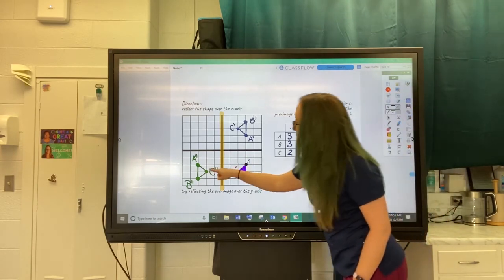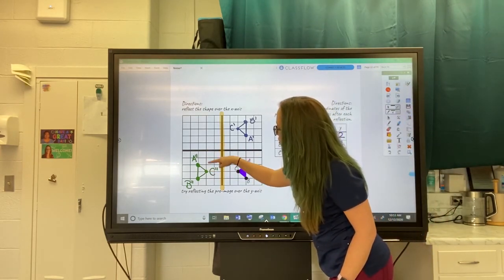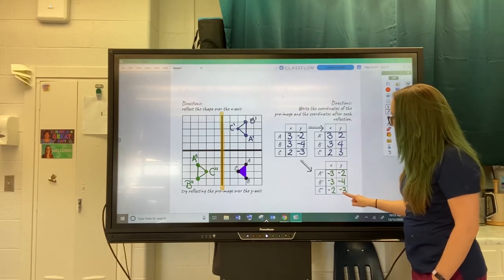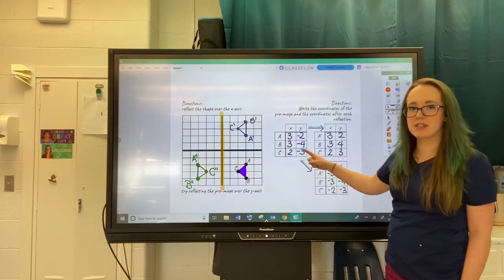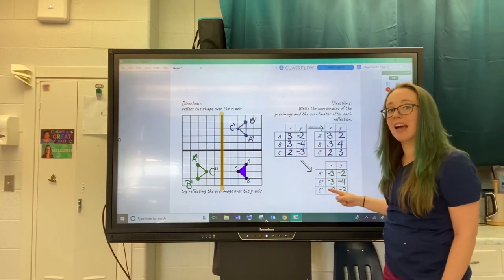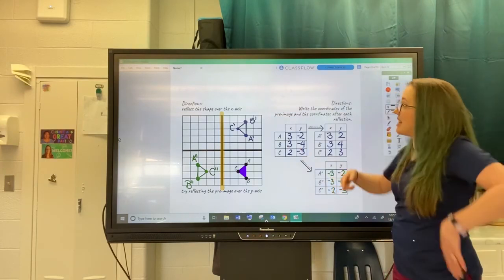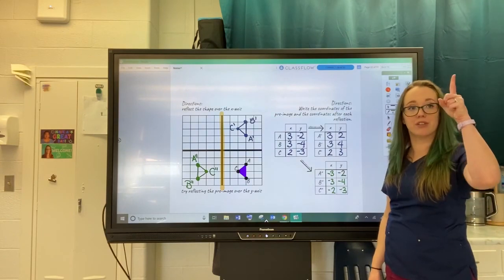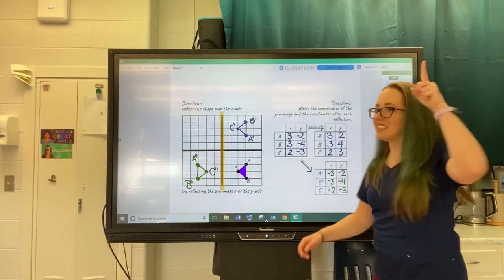And our new C is at -2, -3. And you might be able to find some patterns here as well, but I'll leave that for another time. And that's basically everything to know about reflections. You just gotta count. Yay!